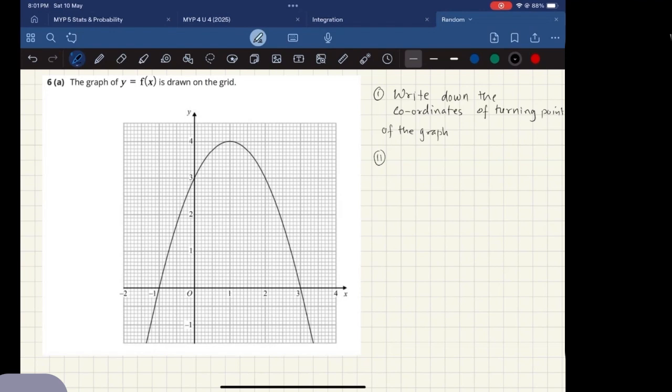Second thing, write down the roots of f(x) equal to 2. And the third one is that you have to write down the value of f(0.5) just by looking at the graph. So first read the question, and then after that we discuss how to do it, because there are new terminologies in this.